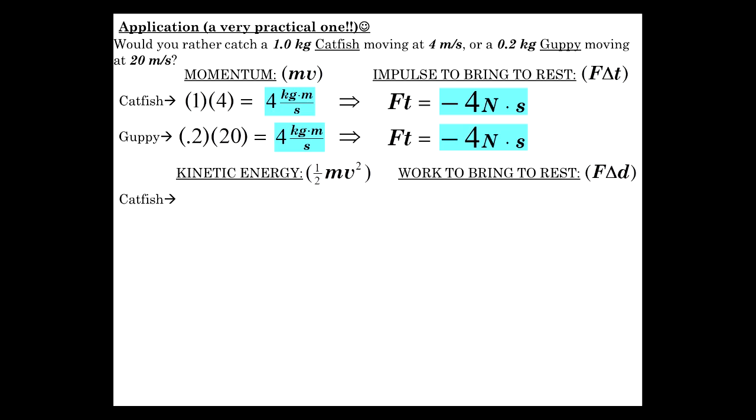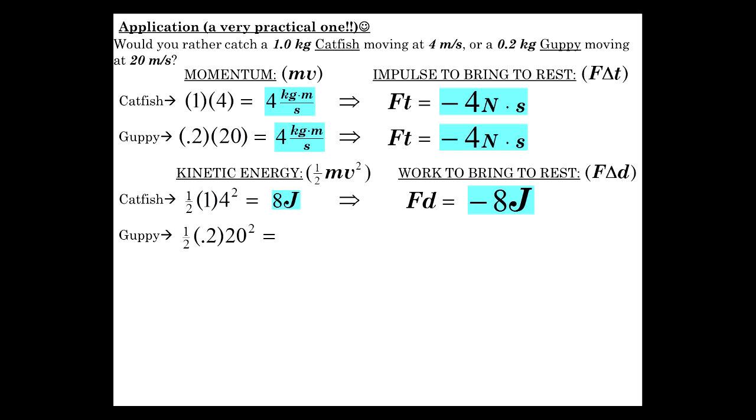Because kinetic energy and work are related, the work done is going to be equal to the change in kinetic energy. Catfish, 1/2 mv squared, the kinetic energy, is 8 joules. So the work to bring it to rest is going to be negative, meaning the force is in the opposite direction, minus 8 joules.